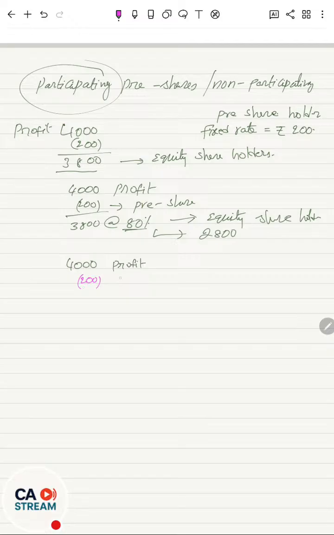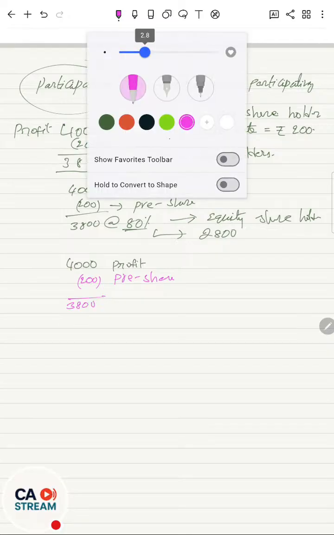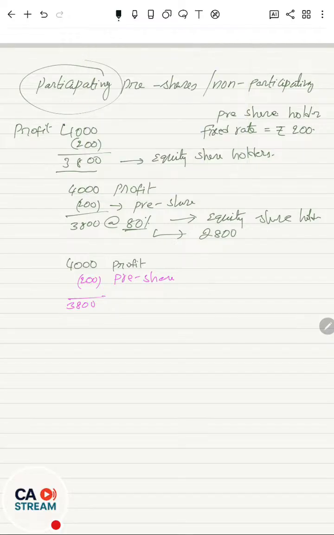Preference shareholders. How much remains, sir? Out of this 3,800 rupees, how much goes to the equity shareholders, 80% of the remaining? Assume 2,800 rupees. Still how much is there, sir? 1,000 rupees of profit still remains with the company.